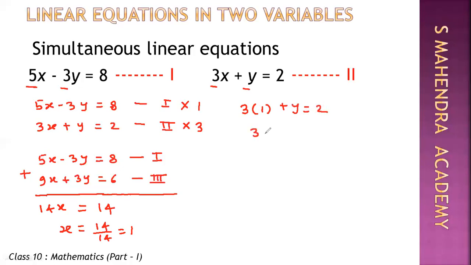So the equation becomes 3 plus y is equal to 2, and y is equal to 2 minus 3, and the answer will be minus 1. So the solution for these equations is x, y is equal to 1, minus 1. This is the required solution for these equations.